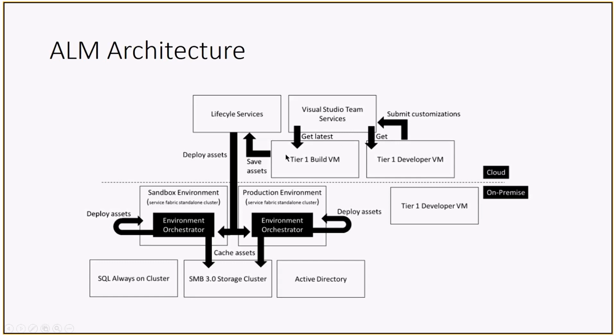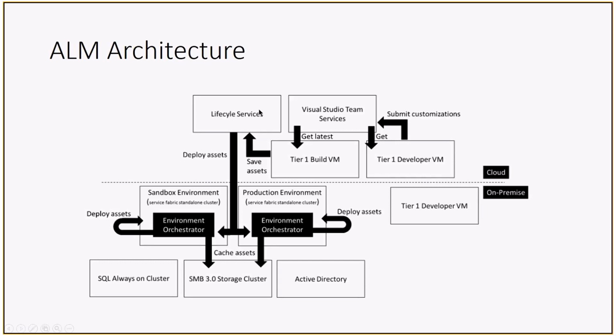From there, you can have a build machine. The build machine will need to connect to VSTS, download the latest code, and do a build for you. From the build machine, you can then take the deployable packages and save them in the asset library, which is inside Lifecycle Services.